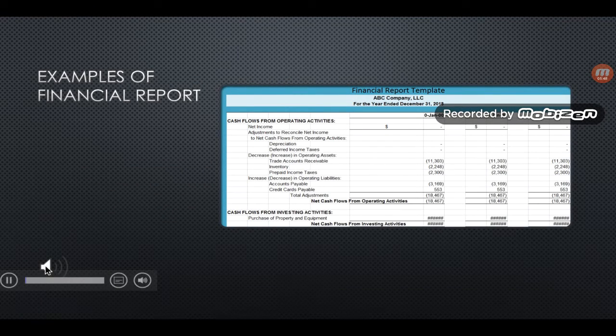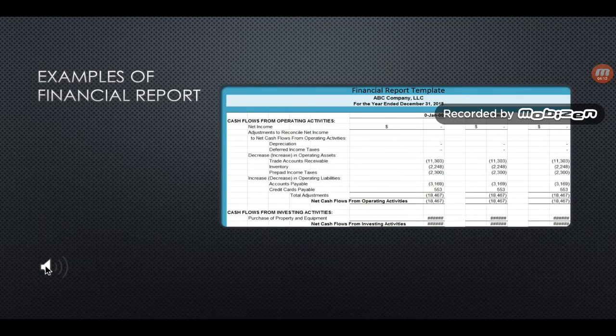Here's an example of what a financial report could look like, a template. As you can see, it includes the net income through an accounting period. It also shows the adjustments to the income, such as depreciation expenses, and what the net income looks like after the expenses occur.